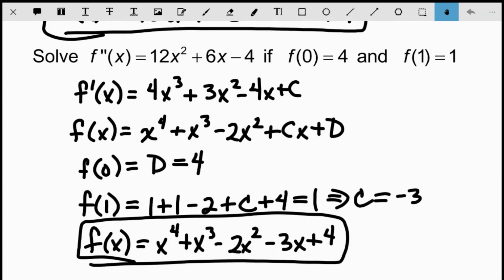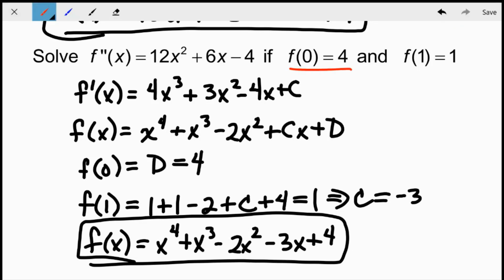Now, the last one was a little more difficult because it gave you a second derivative. And if you notice here, the information that you're given is 2 points that the original function has to go through. The reason that 2 points are important is because when you start solving this out and getting back to the original function f of x, you're going to find that you have 2 unknown values.